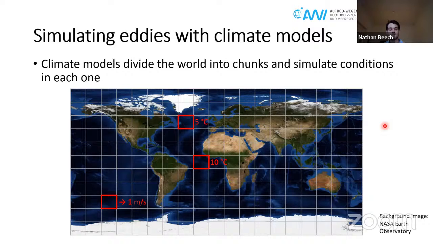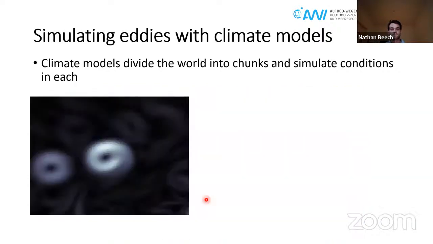Over here, it's 5. Down here, we've got ocean velocity of 1 meter per second in this direction. And over here, it's another direction and another speed. And then tomorrow, it can all be different again. And that is how we simulate the climate in time using a climate model.